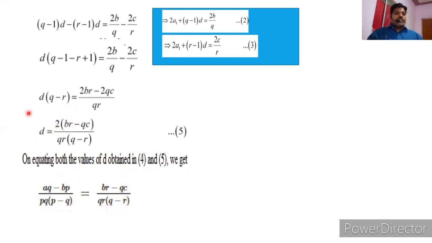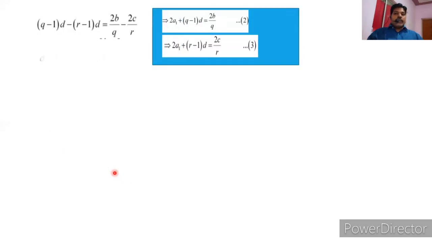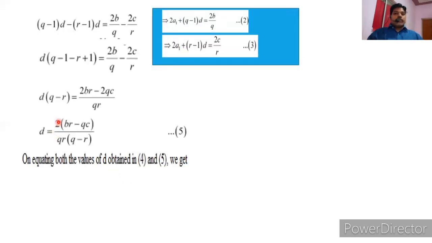The 2 is there in the fourth term and also in the fifth term, so we can cancel the 2 in both. You get (aq minus bp) by pq into (p minus q) equals (br minus qc) by qr into (q minus r).